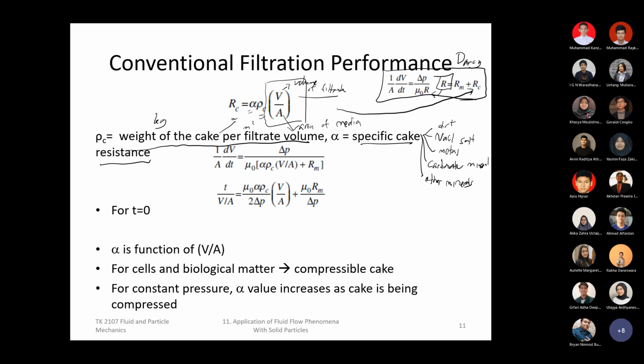This is the main correlation that we use for most of the examples or exercises in filtration. So you have 1 per A dV per dt. Again, that's already in meter per second, I think.